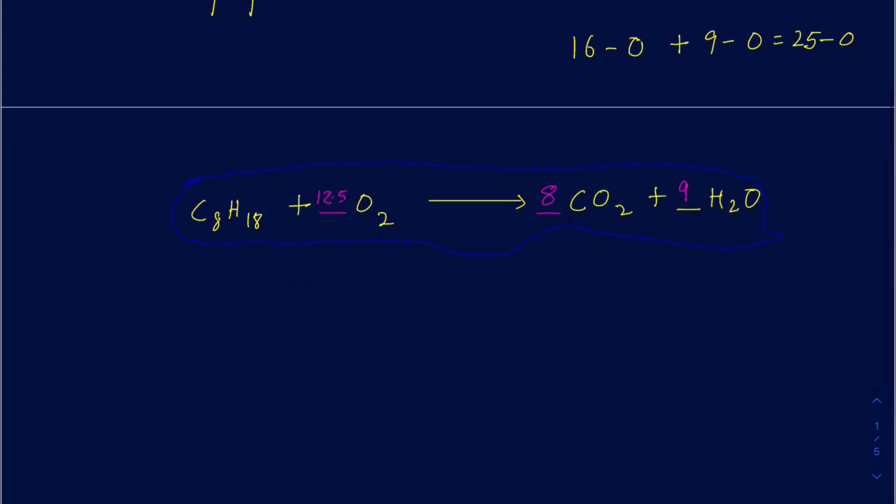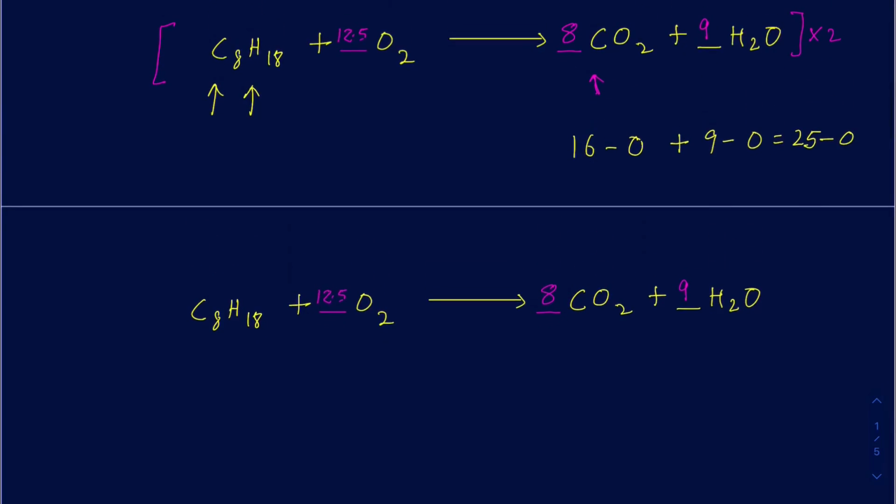So I can clearly see that when I multiply everything by 2, I would have 2C8H18, and then this 12.5 is going to change to 25, and then this 8 is going to change to 16, and then this 9 is going to change to 18. So that's going to be your final balanced equation where there are no fractions and no decimals as coefficients. Everything is a whole number.